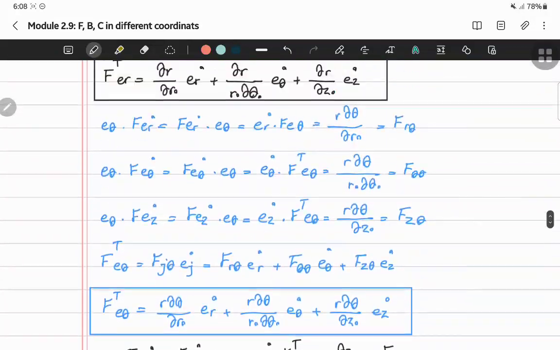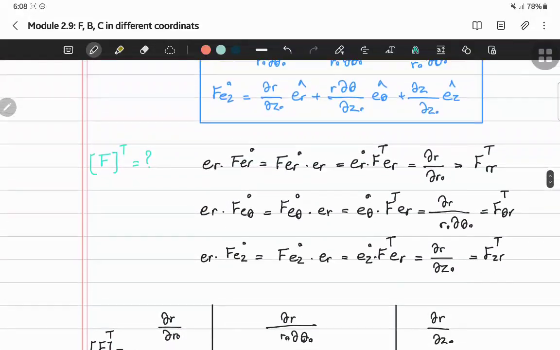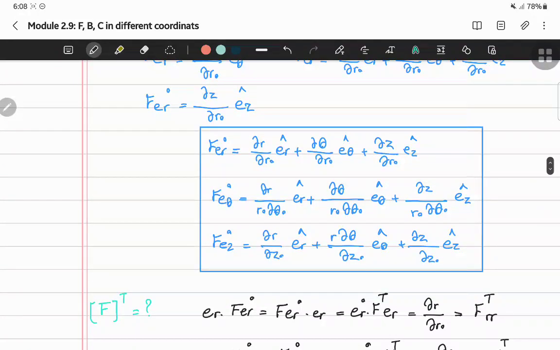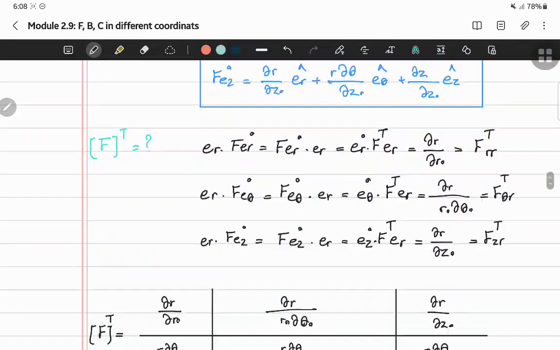E R0 is already in here. So E R dot this, E R dot this, and E R dot this. So the first one becomes partial derivative of R with respect to R0.